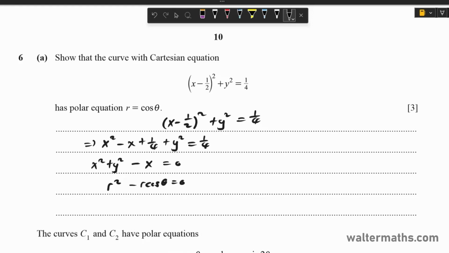So we are saying that r times (r minus cos theta) equals 0, so r is 0 or r minus cos theta is 0, which is r is equal to cos theta. So this is the result, because r cannot be equal to 0. So this is what they want, and I'll say here shown. That's how we do it for 6 part A.